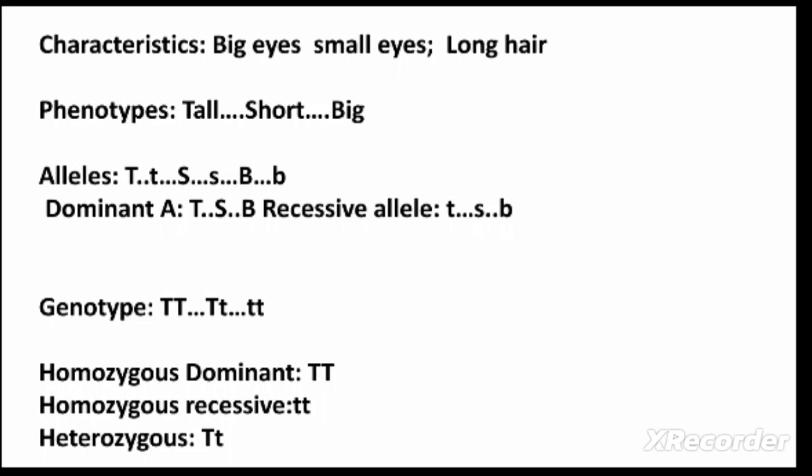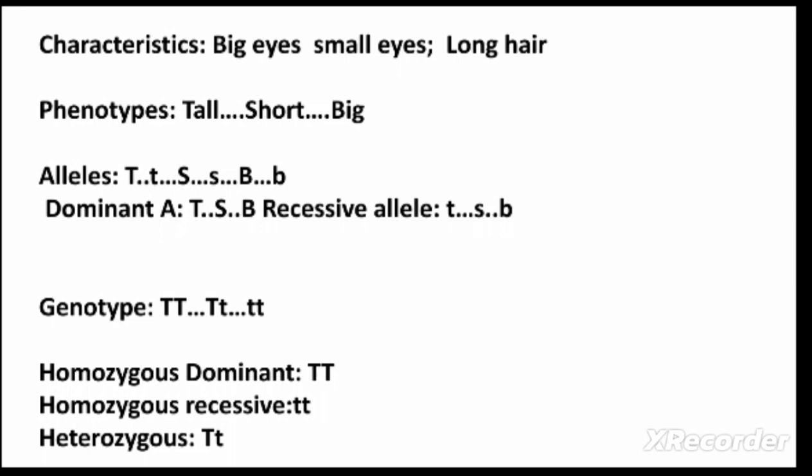So now let's talk about alleles. Alleles are just letters, big letters and small letters. As you can see, I have written capital letter T, small letter t, capital letter S, small letter s, capital letter B, small letter b. You might ask me, what do these letters represent? These letters represent the phenotypes. They're called alleles and they represent phenotypes.